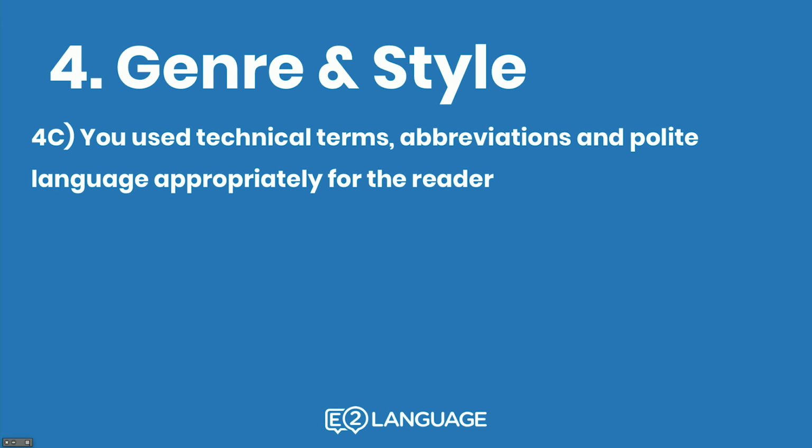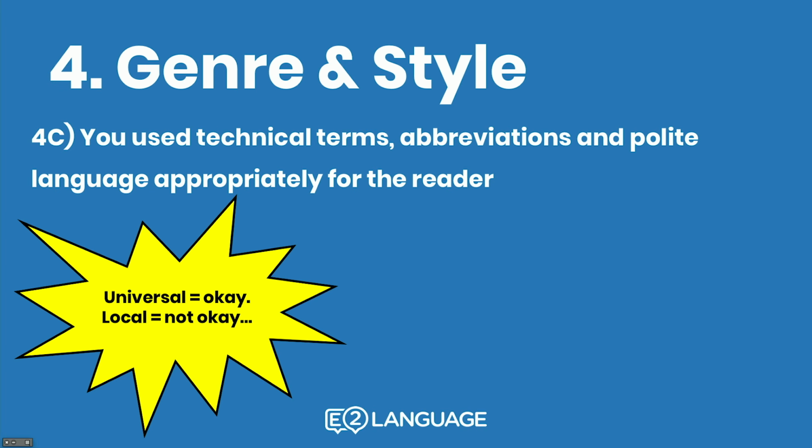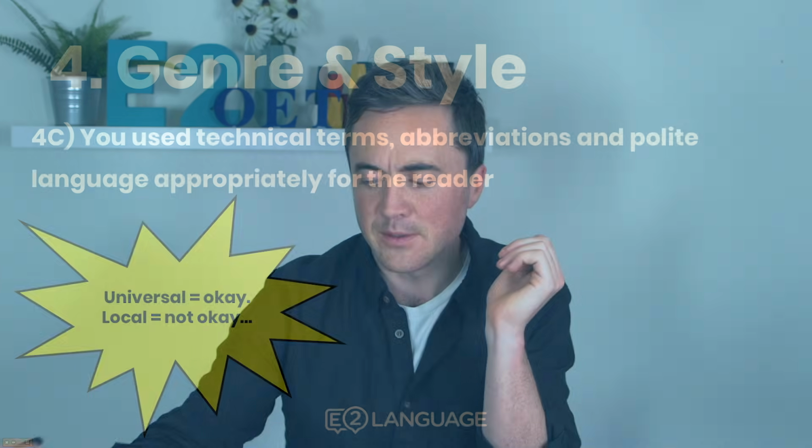Also, you should use technical terms, abbreviations, and polite language appropriately for the reader. So again, it's about appropriateness. So if you're looking at a technical term or an abbreviation and it's universal, like SOB for shortness of breath, for example, that's okay. If it's a local abbreviation or technical term, and I mean local as in even to your country, then don't use it.